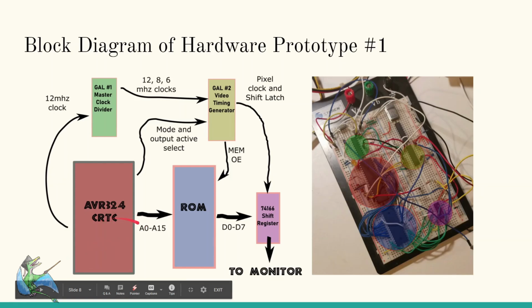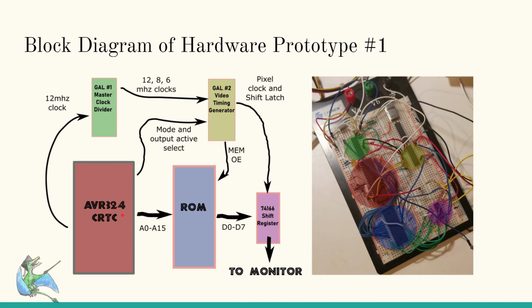So when we're displaying something on the screen, basically these address lines are incremented. They're sent to the memory, and then there's this clock divider chip up here that takes the 12 megahertz clock that's generated by the CPU, and it divides it into several pixel clocks. This is what allows us to have different video modes.